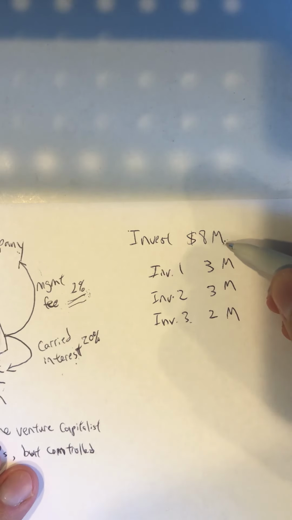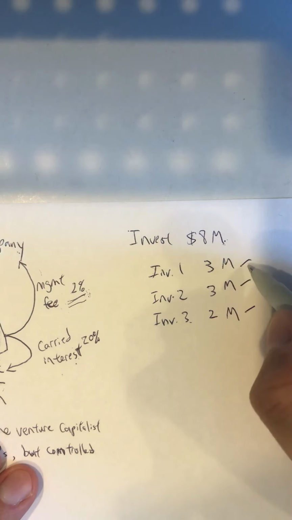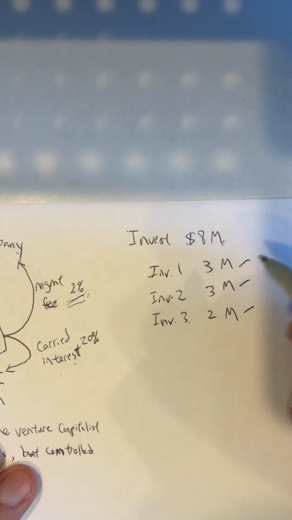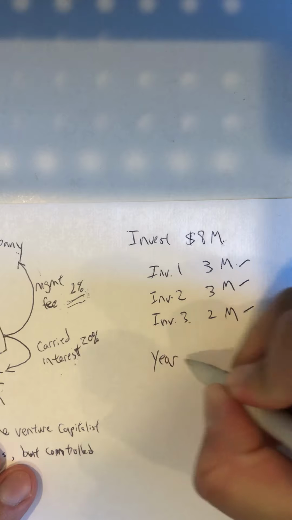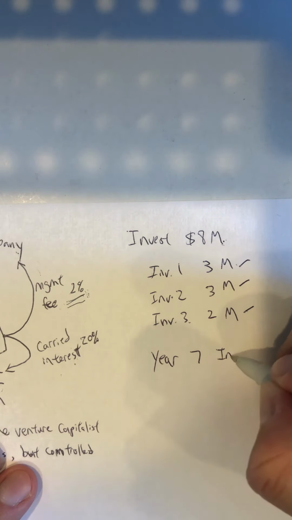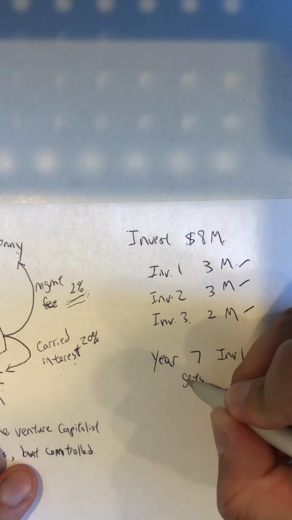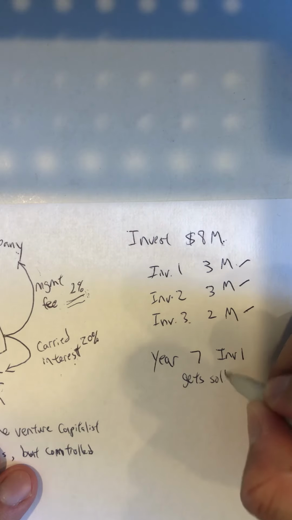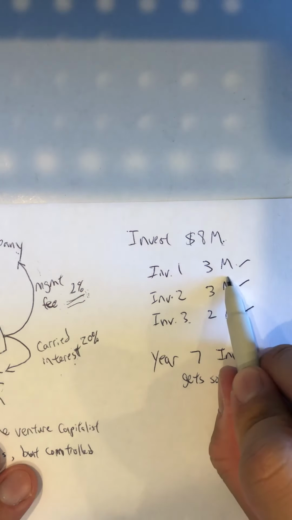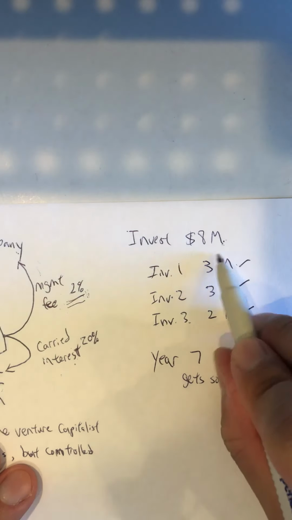Now, subsequently, during the harvest period, each one of these investments will eventually get sold, because we have to liquidate them to pay the LPs back. Let's say in year 7, investment 1 gets sold. Once investment 1 gets sold, the invested capital is no longer $8 million.